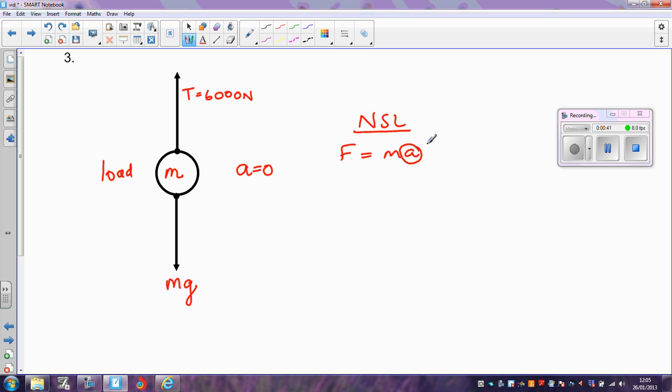But if the acceleration is 0, then the resultant force must also be 0, which essentially means that the force acting upwards, the 6,000 newtons, must exactly equal the force acting downwards, in other words, mg. So the tension is equal to mg. In other words, the weight, or mg, in this case, must be 6,000 newtons.